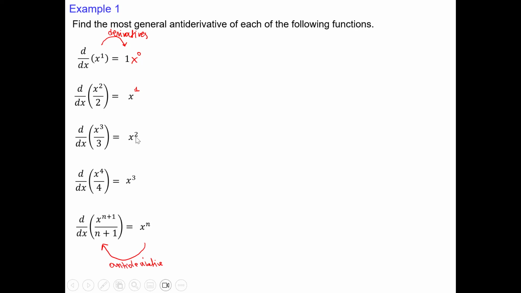That means whenever we have an exponent, 1, 2, 3, in order to create the antiderivative, we can see the pattern. The exponent is increased by 1 and is divided by the same number.